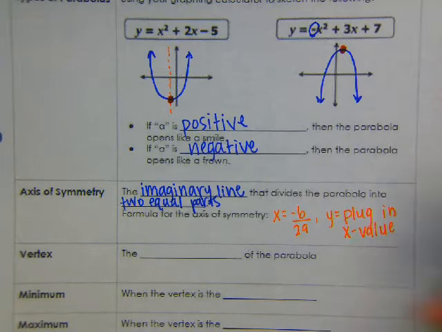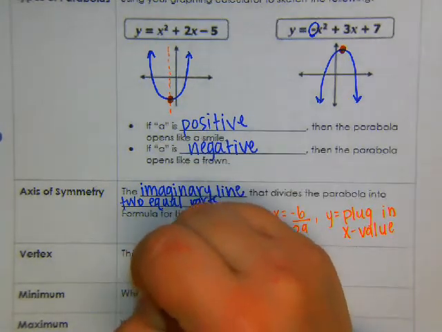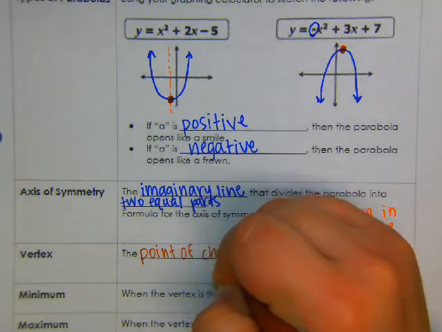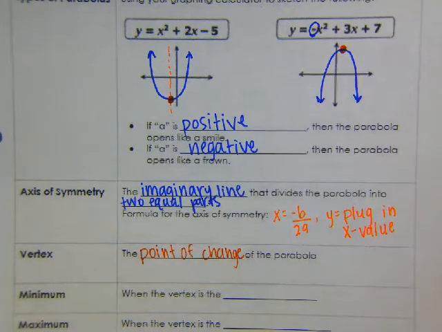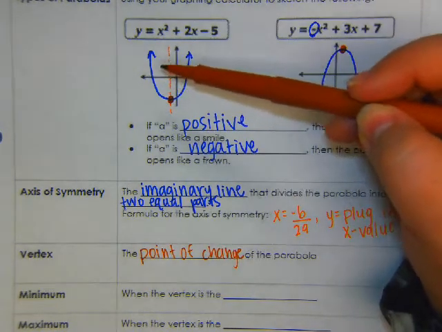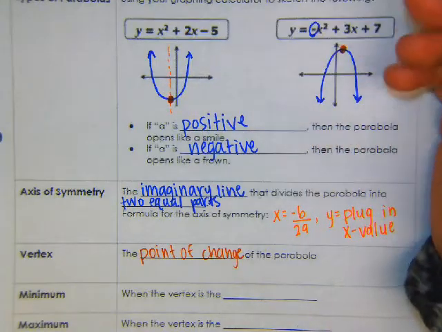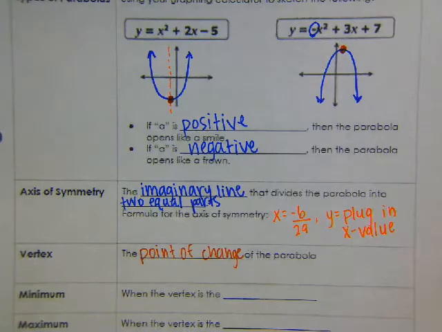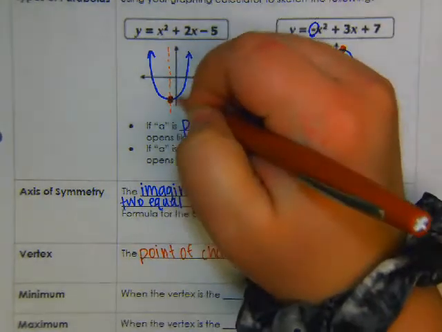We can say that it is the point of change of the parabola, and that's going to make sense when we start talking about increasing and decreasing. Because if we look at this example here, one half of my graph is increasing and the other is decreasing, and the point where it changes direction from increasing to decreasing is this vertex.